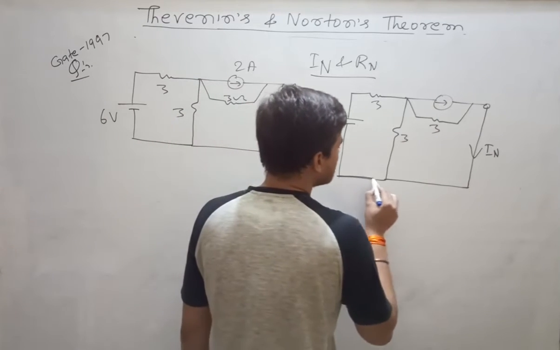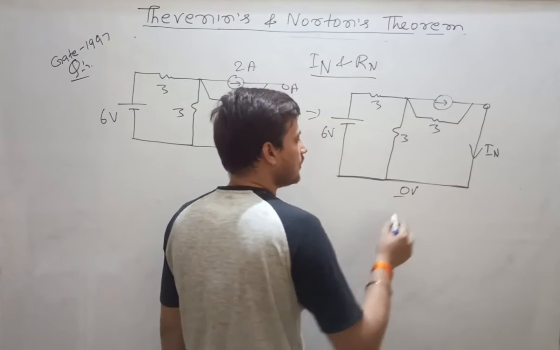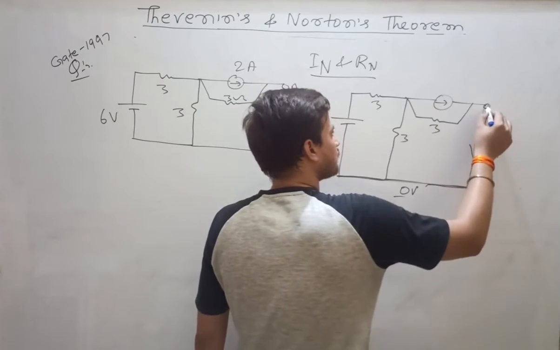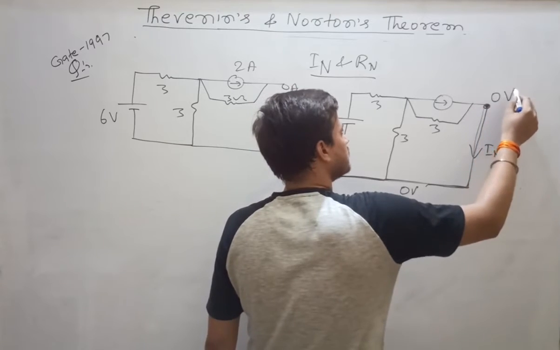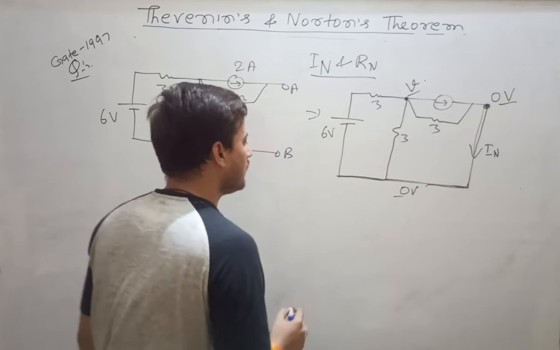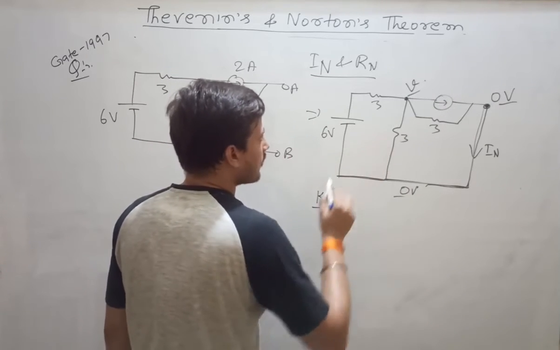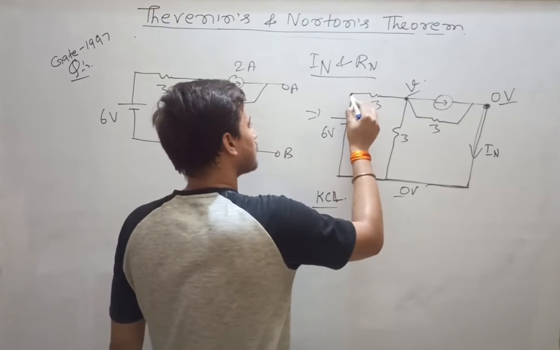So now how can you solve? Here this terminal is potential 0 volt, that means ground terminal. It is short circuited at this point, so here also potential is 0 volt. Let us assume potential of this point as V and apply Kirchhoff's current law. Here the potential is 6 volt.